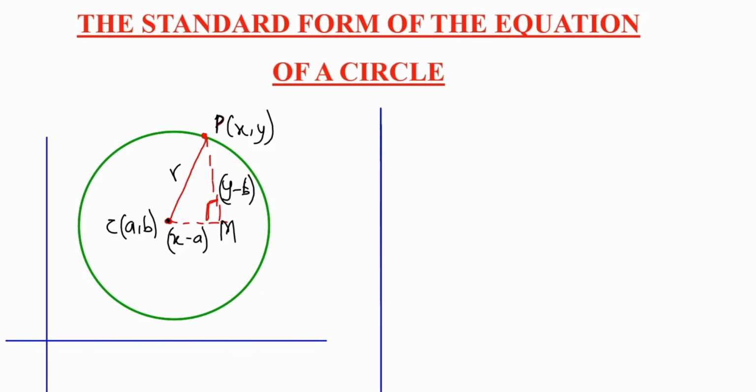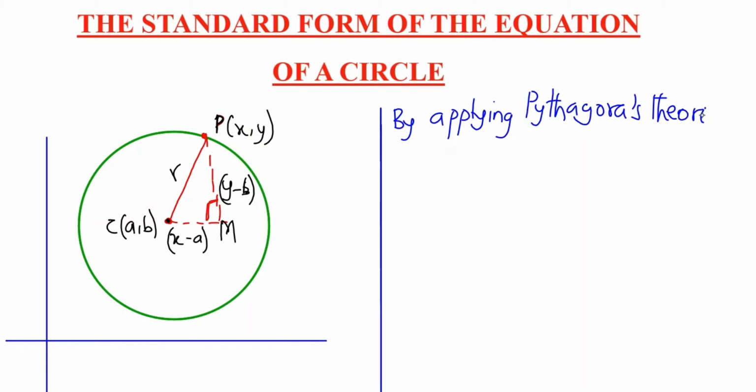So we have this. Now we can see that we can equally apply Pythagoras theorem. Now let's write here, by applying the Pythagoras theorem, then we can see that the side PC is the hypotenuse.